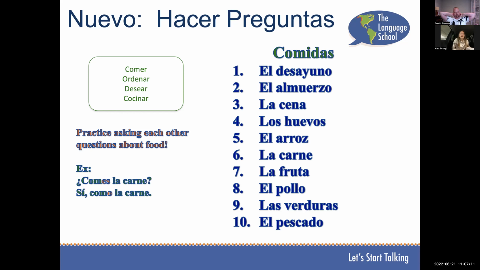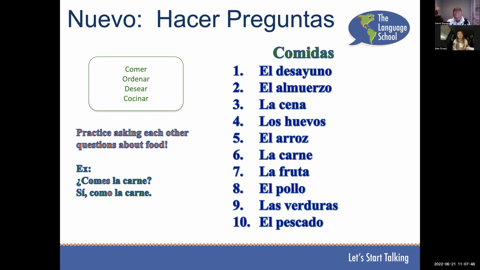¿Qué significa las verduras? Las verduras, vegetables. ¿Cocinas las verduras? Sí, cocino las verduras. ¿Ordenas el pescado?